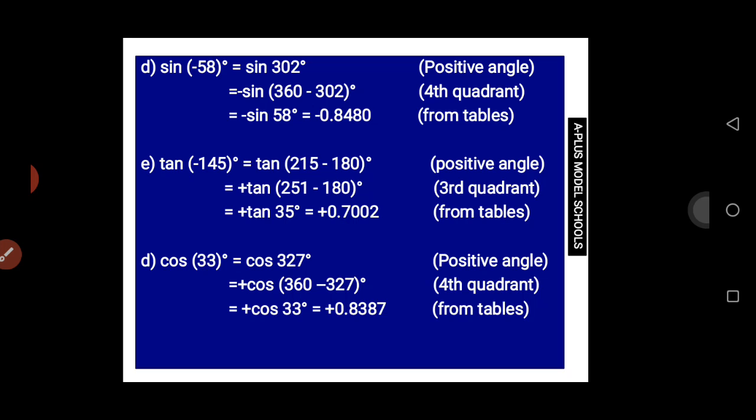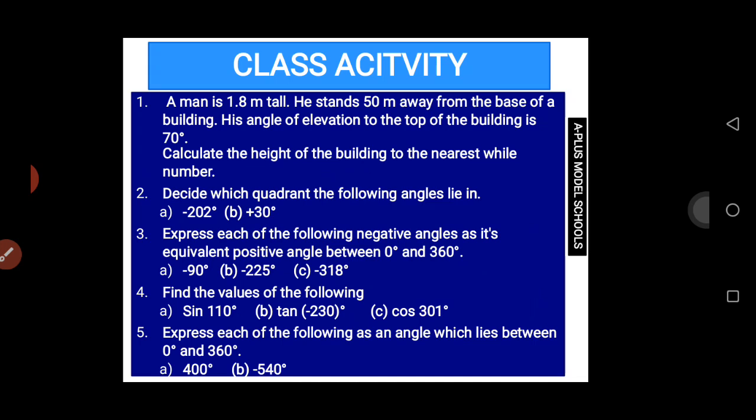Or you can do it directly. Since the angle is already an acute angle, just check. 33 degrees falls in the first quadrant, where all three ratios are positive. So it means cos will also be positive in the first quadrant, which is cos 33 degrees. Then check your four-figure table. Cos 33 degrees, you have 0.8387.